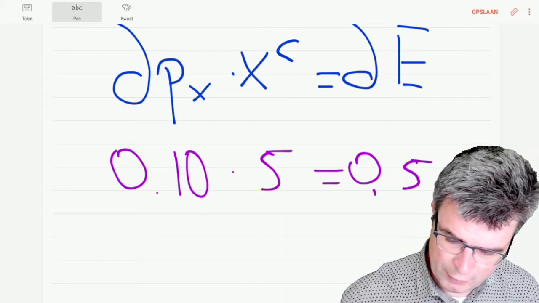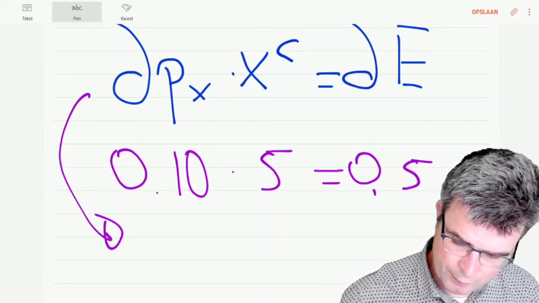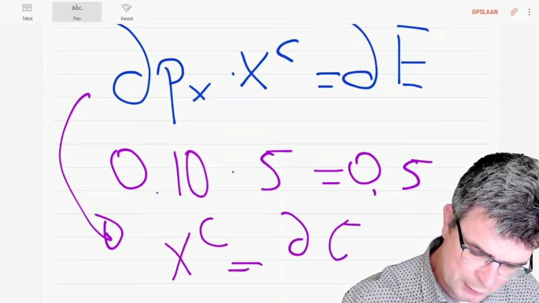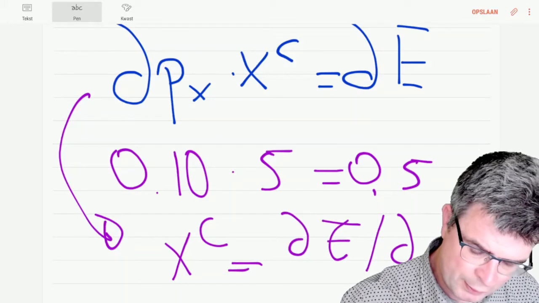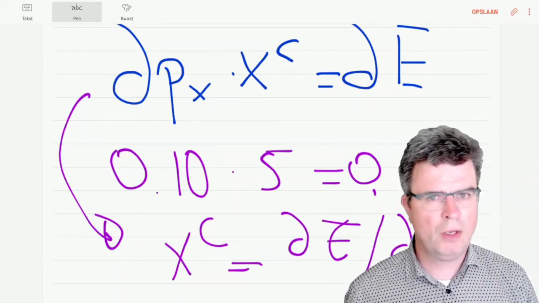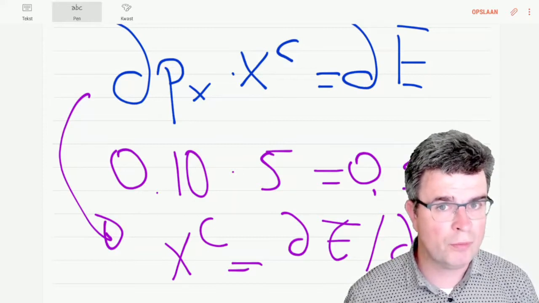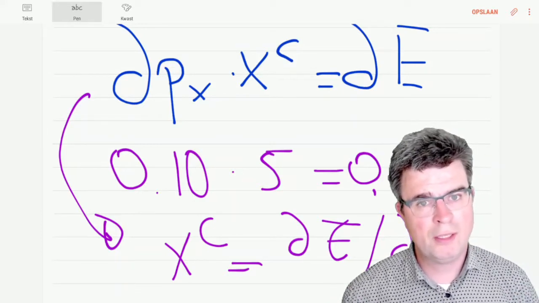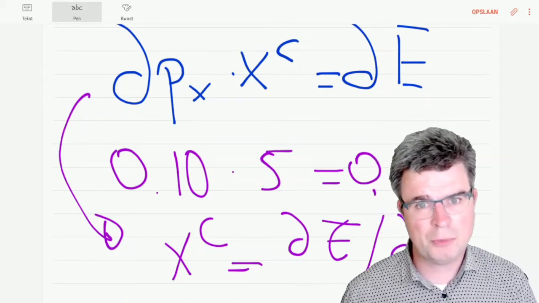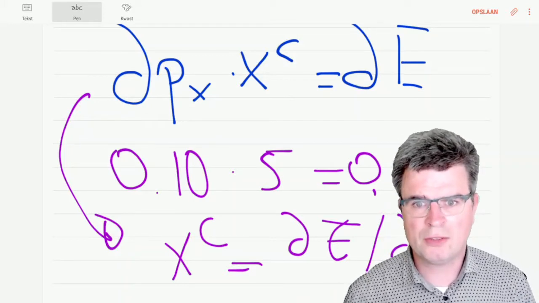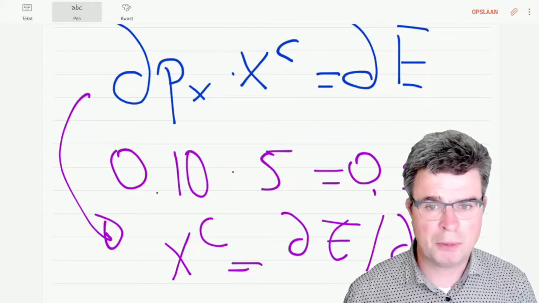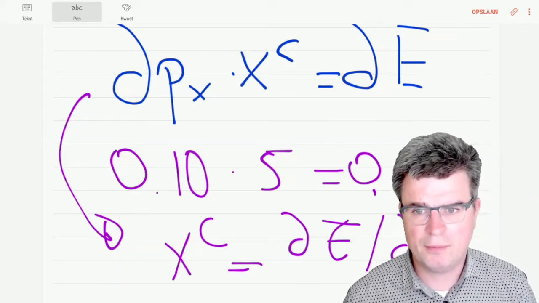So we can rewrite this, saying that the compensated demand is the change in expenditure divided by the change in price. Of course, this works only for very small price changes, because if the price change is large, then I will also adjust my consumption of ice cream. But for small price changes, the differential of the expenditure function with respect to the price gives you the compensated demand.